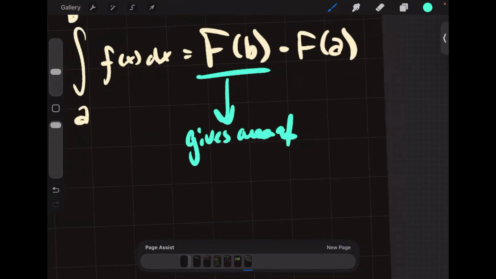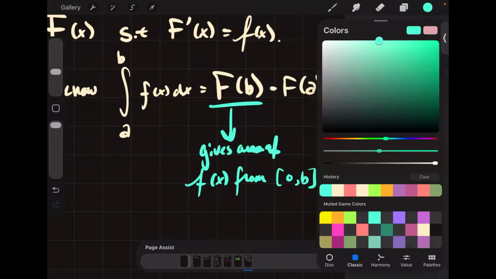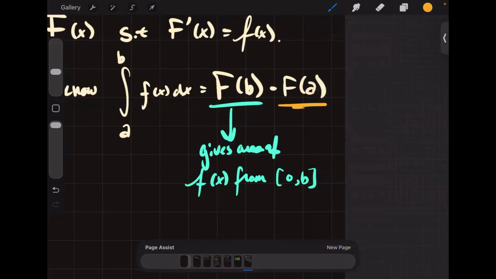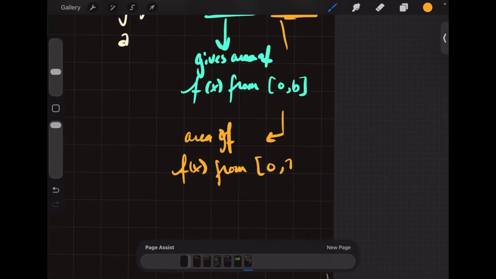This gives the area of f of x from 0 to b, right? This right here gives the area of little f of x from 0 to a.